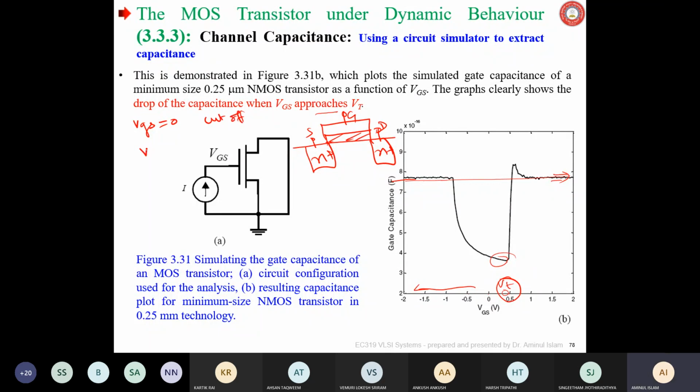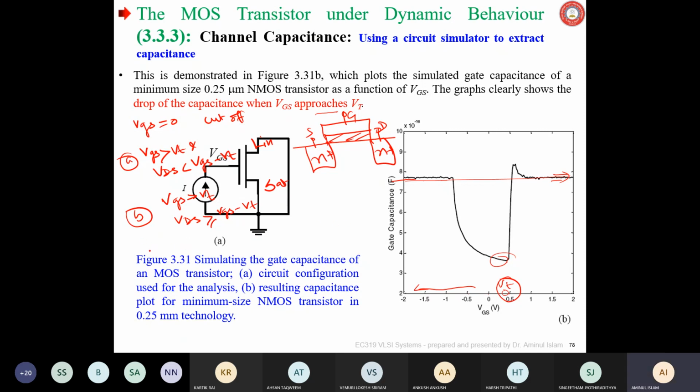If VGS greater than VT and VDS less than VGS minus VT, then it is linear region. And if VGS greater than VT and VDS greater than or equal to VGS minus VT, then what region is it? Saturation, right?